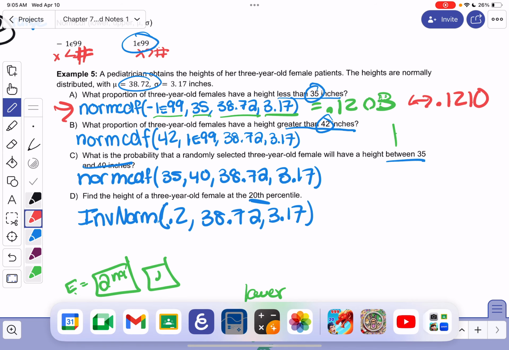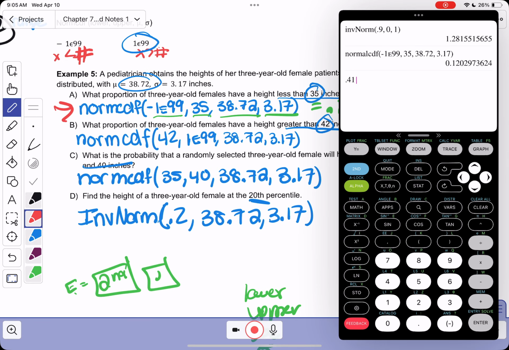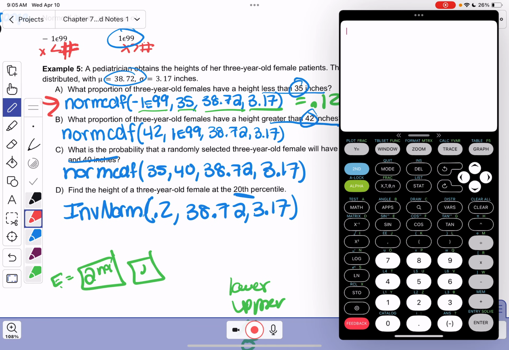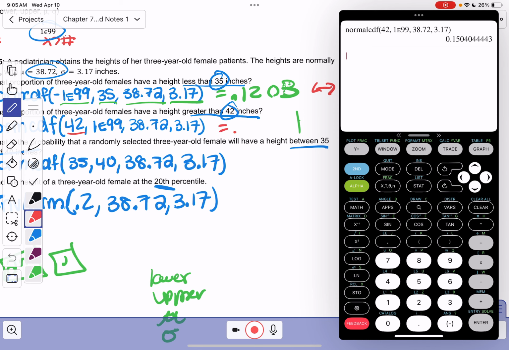So let's try this one, norm CDF. And at any point, if you think you can do it, enter them on your own and then come back and check. So second vars. This one, our lower is 42. Our upper is 1E99. Mean is 38.72. Standard deviation, we get 0.1504.